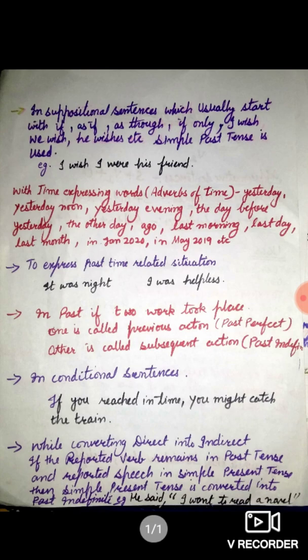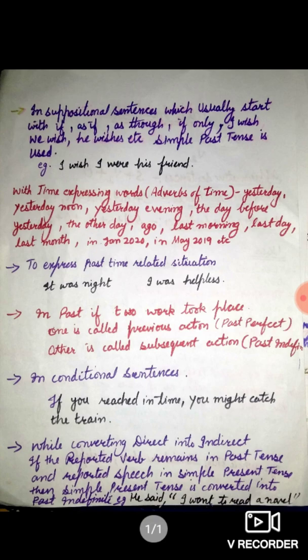I would like to cite a very simple example which you must have been listening. The patient had died before the doctor came, है ना. You must have heard this example. The patient had died, this action, the action of the death of the patient, had already taken place.